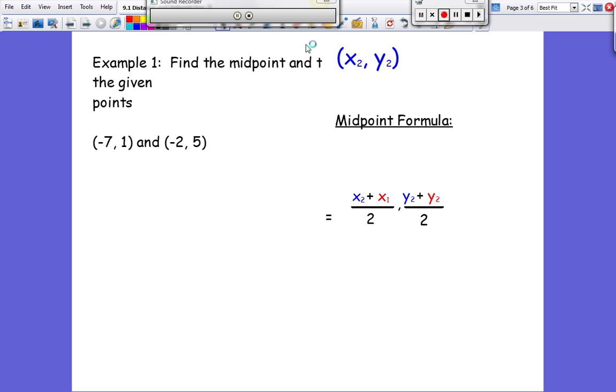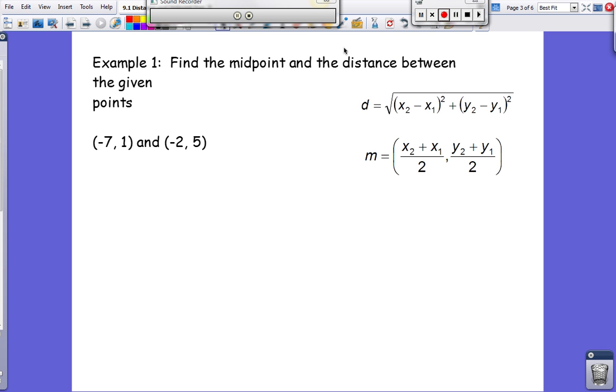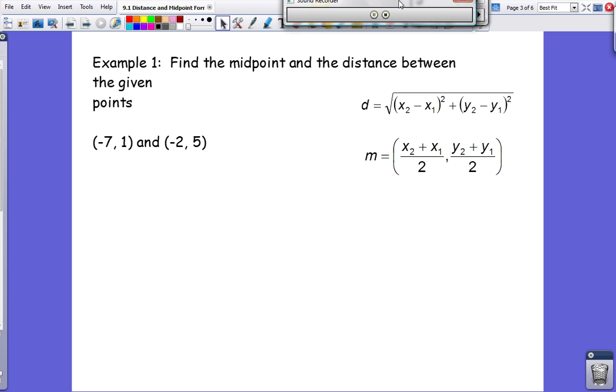All right, so let's go ahead and take a look at an example. Example number 1. This is find the midpoint and the distance between the given points. As you see, we're going to find the distance. So we're going to first of all start off by using this formula right here.